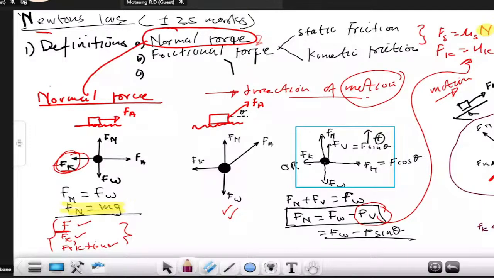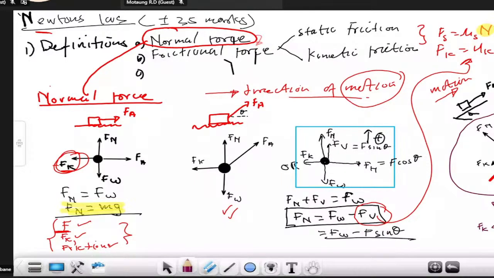Make a very huge dot to accommodate FG parallel, and have there my normal force, and there my FG perpendicular.